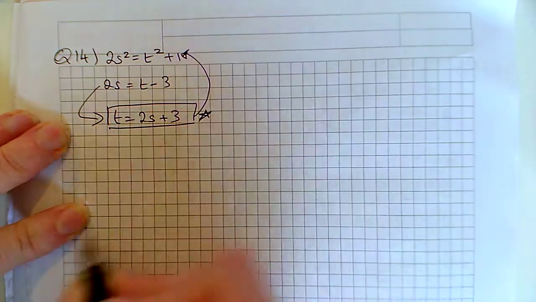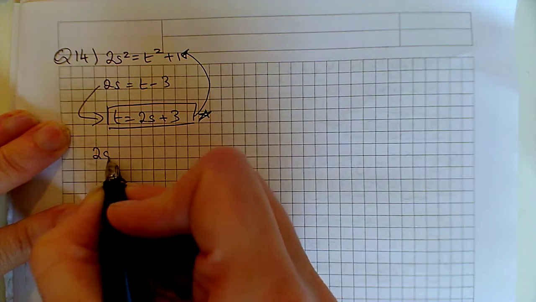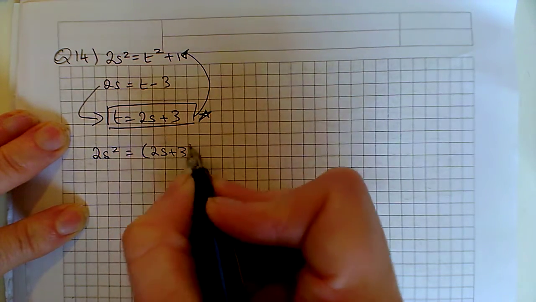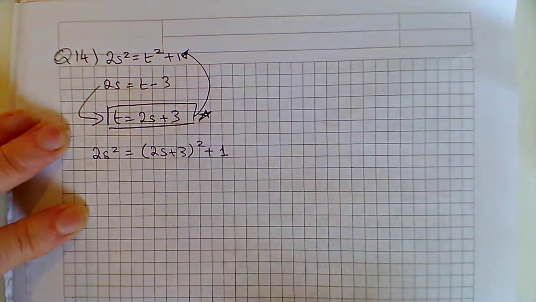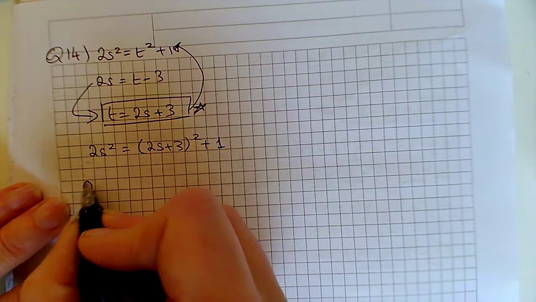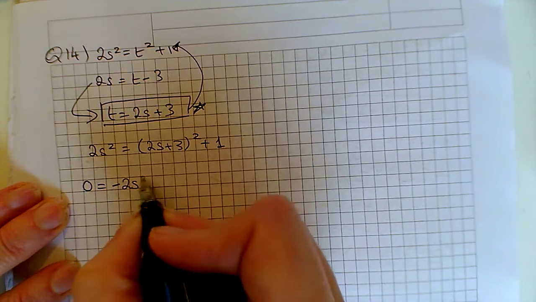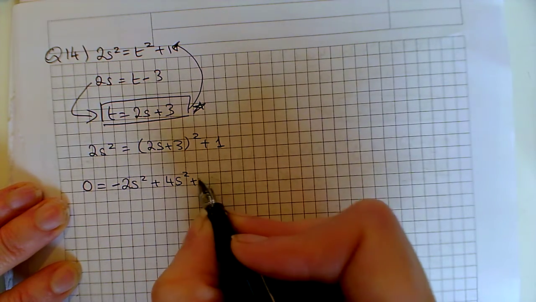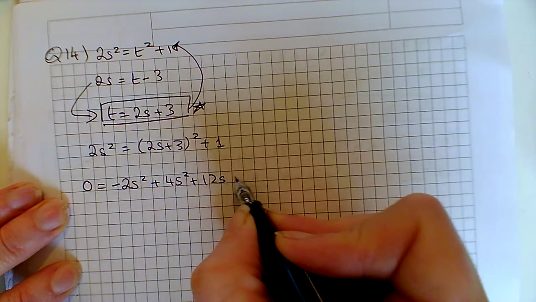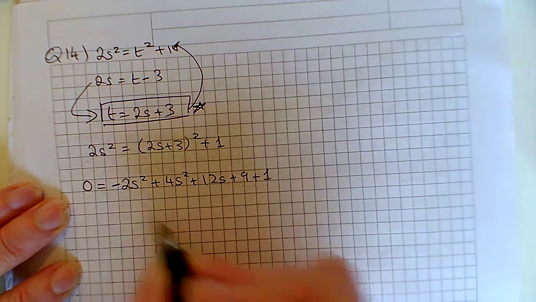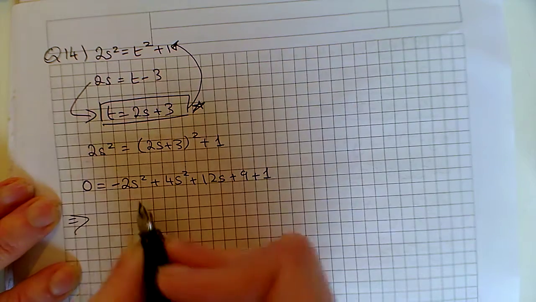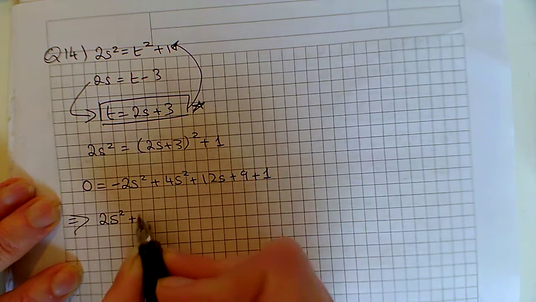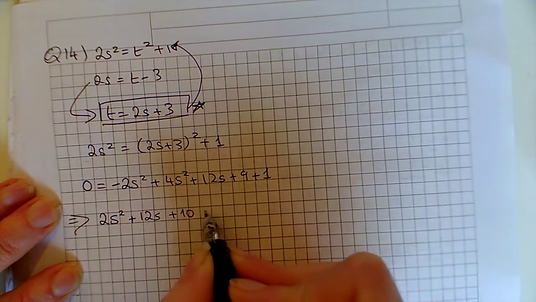That's my star equation, and I have 2s squared is equal to 2s plus 3 all squared plus 1. Square up my brackets and bring everything to one side. So minus 2s squared plus 4s squared plus 12s plus 9 plus 1, and that gives me 2s squared plus 12s plus 10 equal to 0.